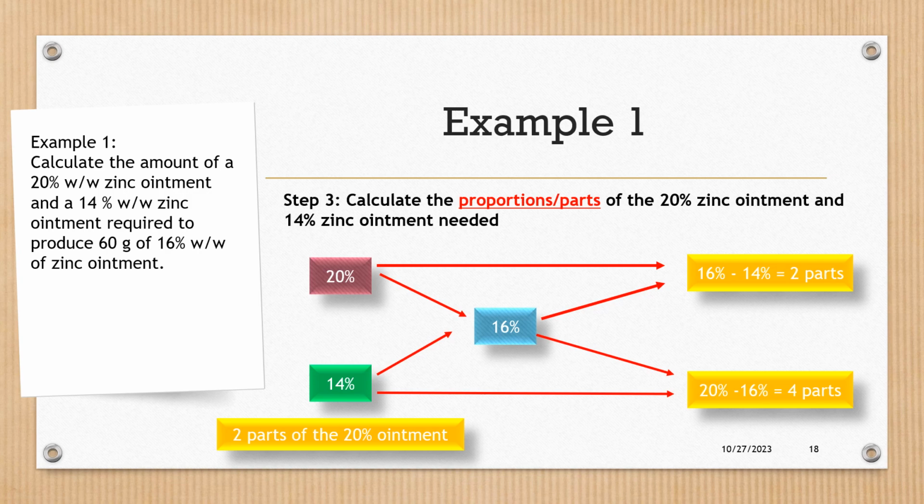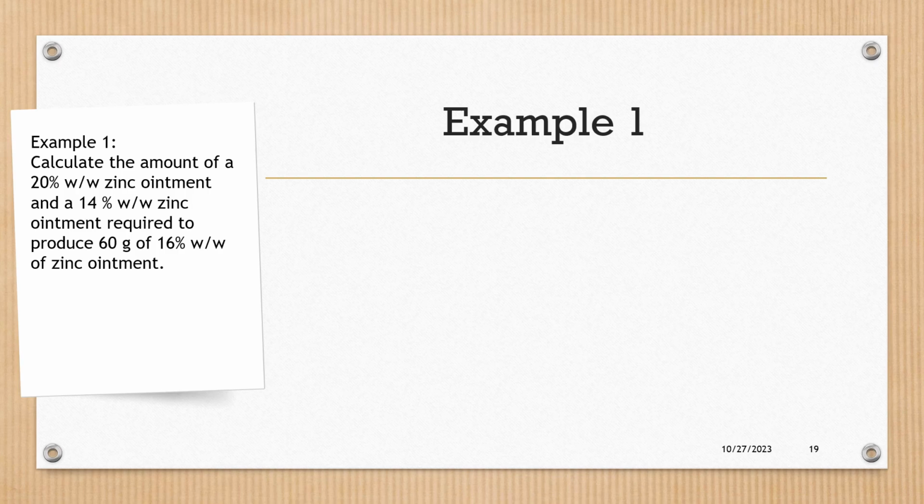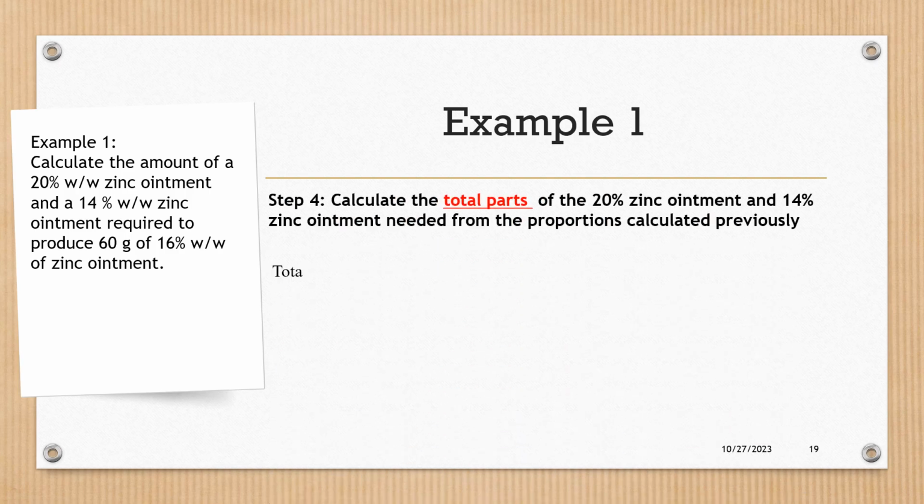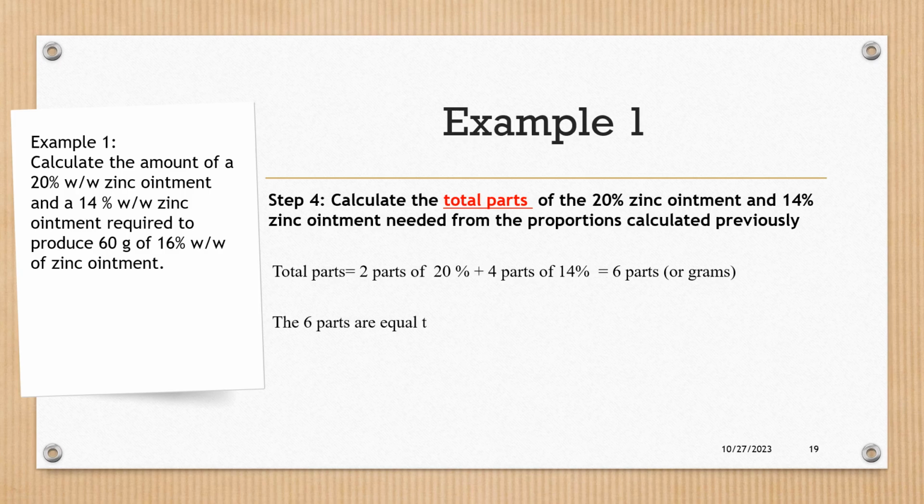Now, in terms of combining those, 2 parts of the 20% ointment plus 4 parts of the 14% ointment, once you add them up, you are supposed to get 6 parts or 6 grams. So 2 parts of 20% plus 4 parts of 14% is equal to 6 parts in total.